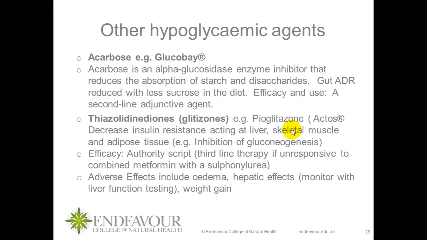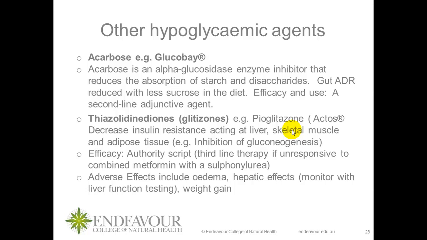It decreases insulin resistance at the liver cells, skeletal muscle cells, and adipose tissue. For example, in the liver, it inhibits gluconeogenesis. These glitazones are very effective as a third-line therapy for a person who's unresponsive to metformin and sulfonylureas. This requires an authority script.